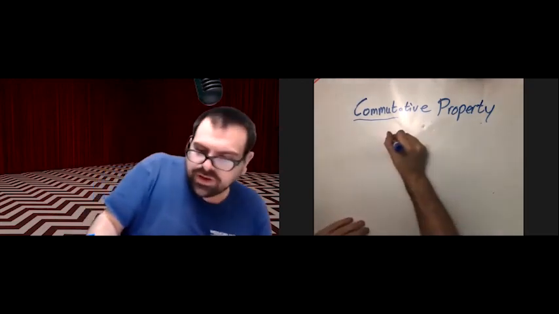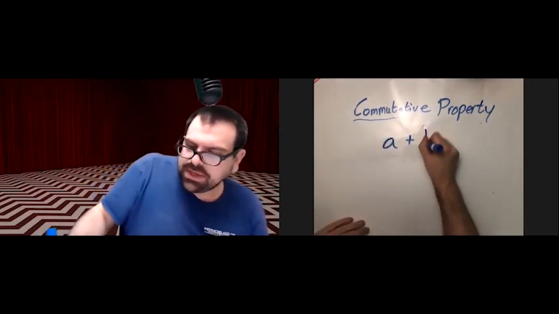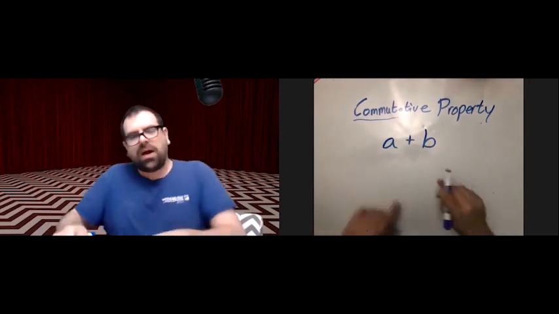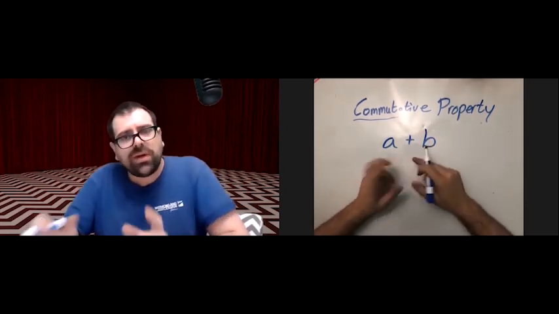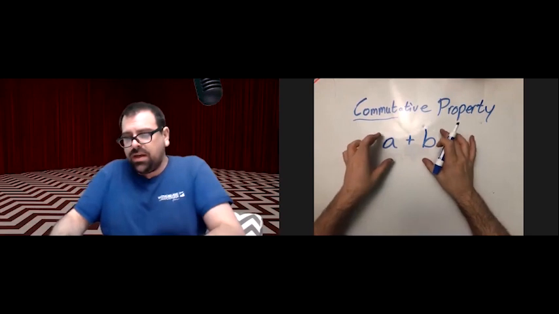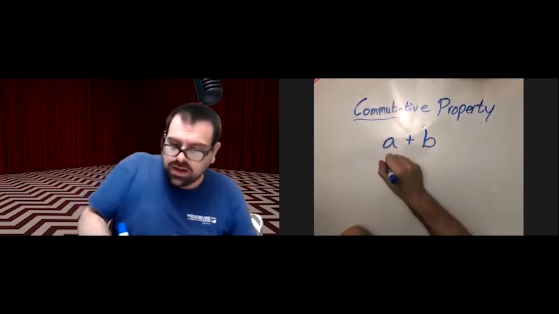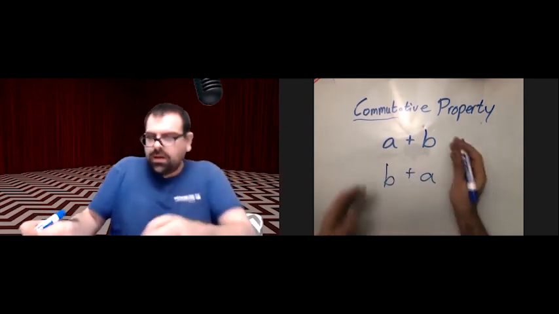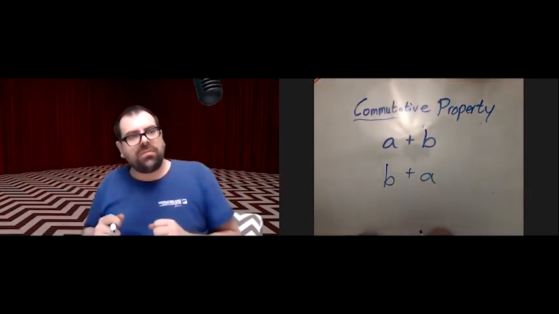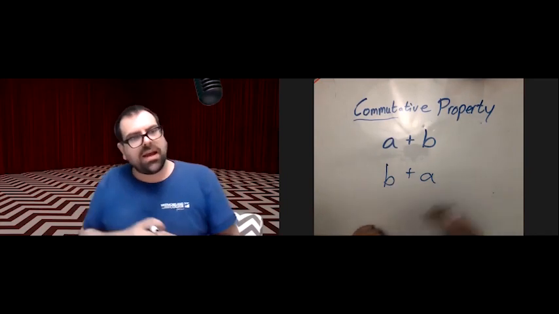If we have A plus B, the commutative property of addition says that we are allowed to physically pick up the two things that are being added together and move them. We can put them in any order.